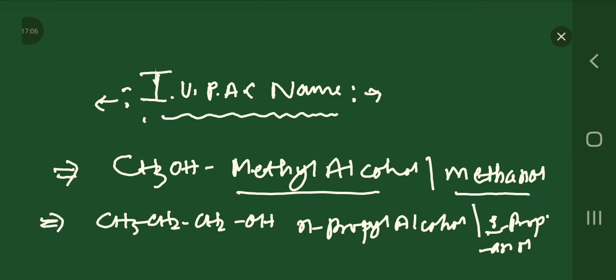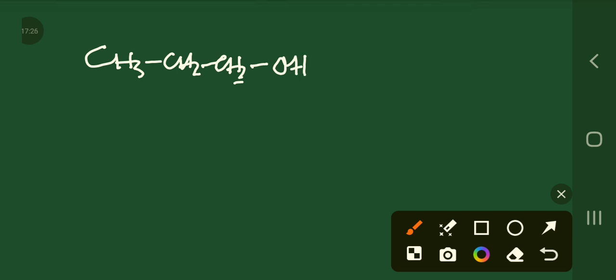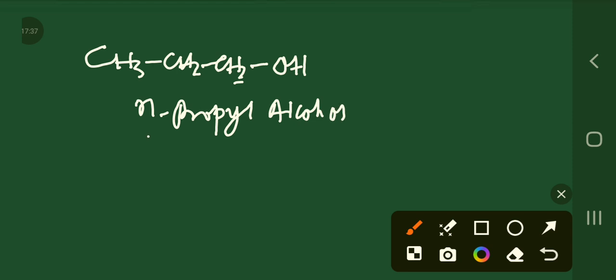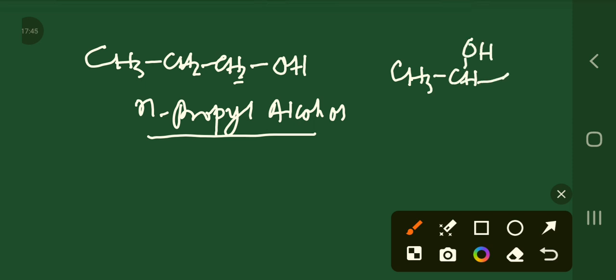Second example, next example. CH3CH2CH2OH. This we have already completed, n-propyl alcohol, and this can be written like this: CH3CHOHCH3.